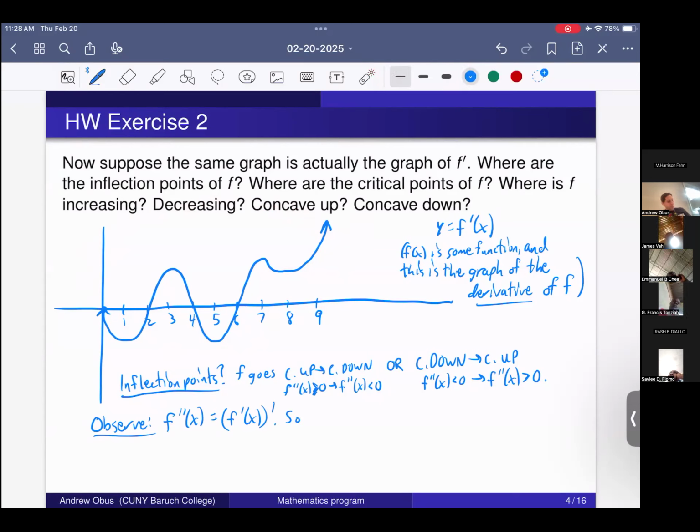So f double prime of x is greater than 0 when the derivative of f prime of x is greater than 0, and that means when f prime of x is increasing. And f double prime of x is less than 0 when f prime of x is decreasing.